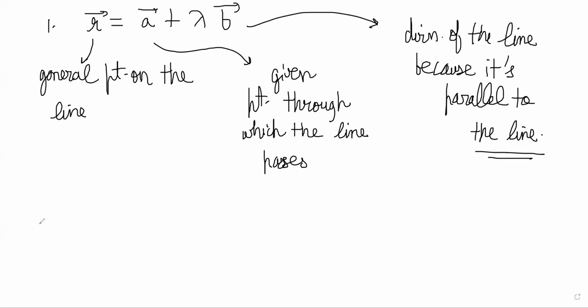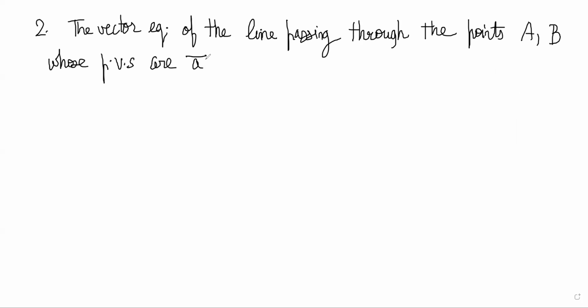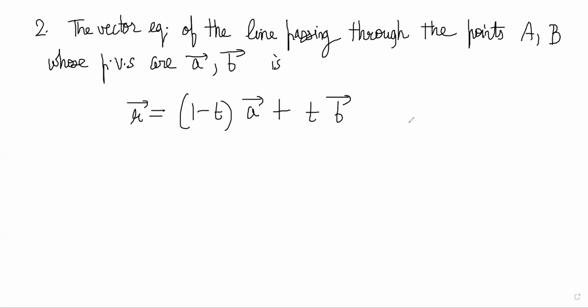Another way to say the same thing is this: the vector equation of the line passing through the points A and B, whose position vectors are A vector and B vector, is R is equal to 1 minus T A vector plus T times B vector, where T is a scalar.